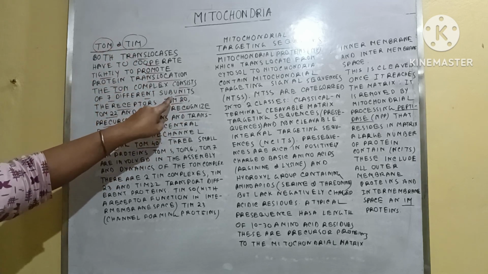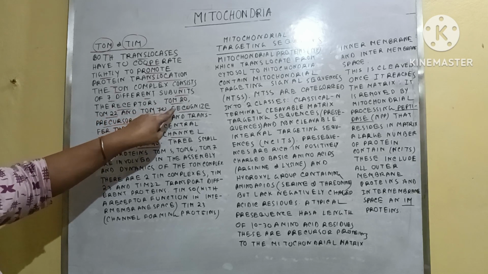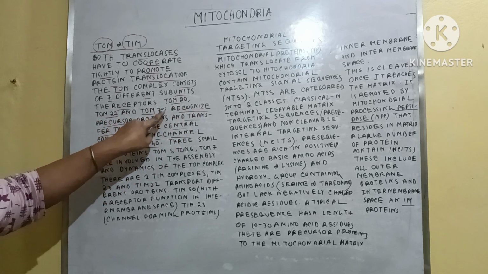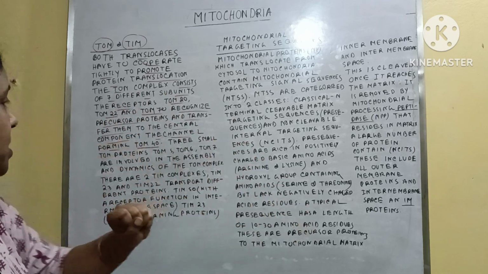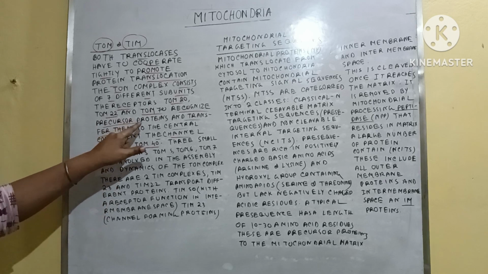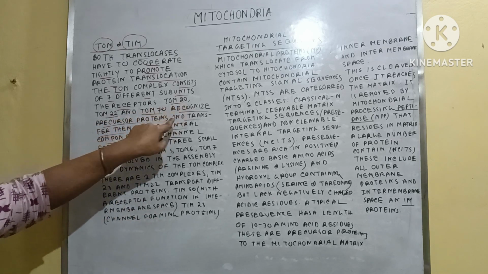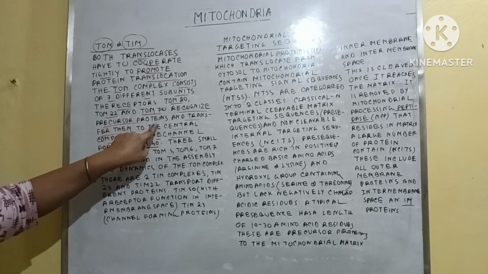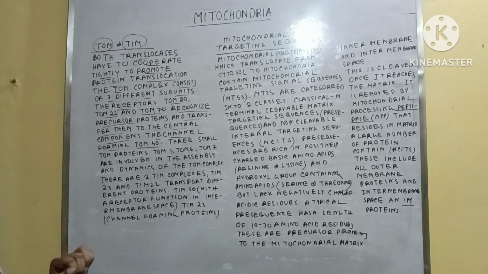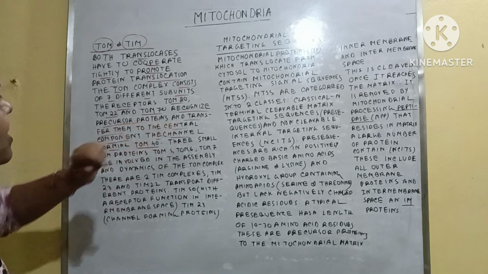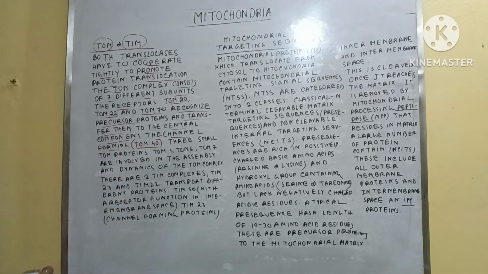Among these, TOM20, 22 and 70 can recognize the precursor proteins, which become mature proteins. They are called precursor proteins because they are not in the mature form. So these recognize the protein and transfer it to the central channel, where another protein, TOM40, is already present.